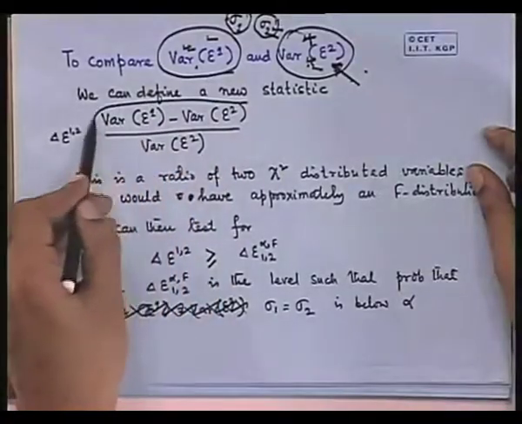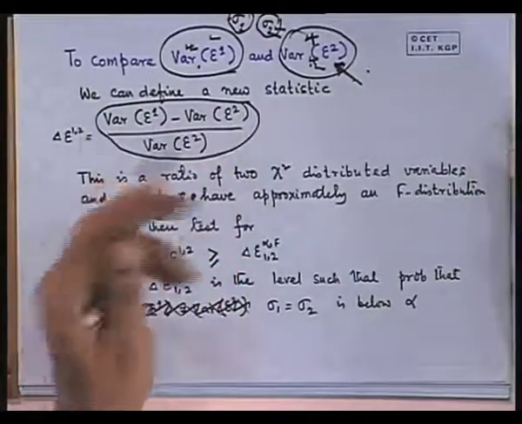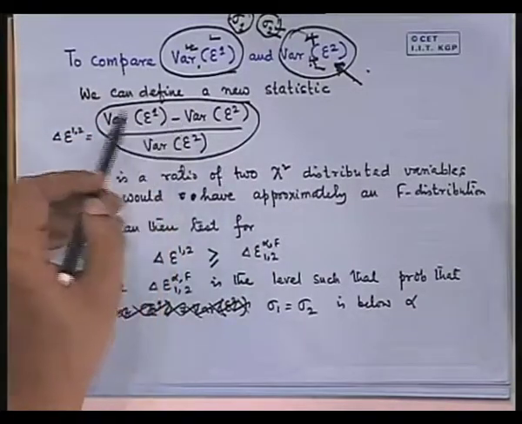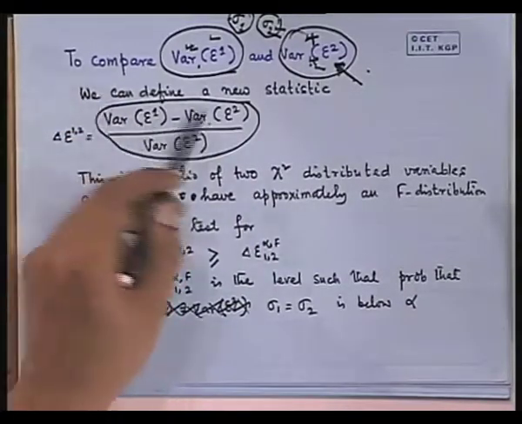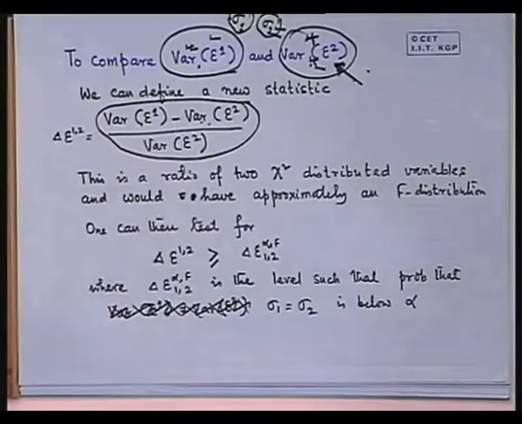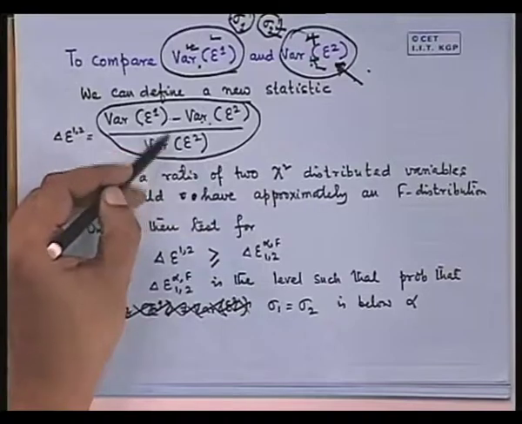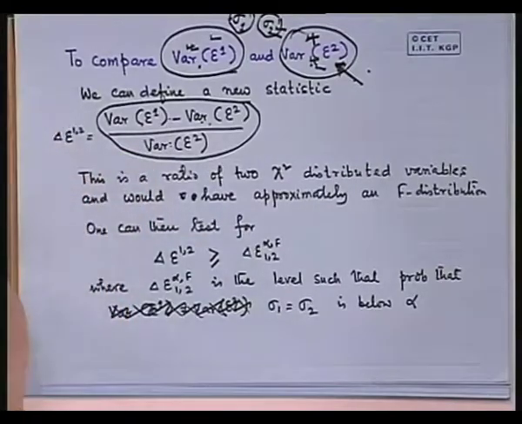That is the subtlety. So again you can define a variable like this, and in this case, if these are individually chi-square, then their sum will also be chi-square, sum or difference. And this is a ratio of two chi-squares. So it turns out, again from the theory of statistics, that this kind of ratio of chi-square variables has a distribution which is called an F distribution.